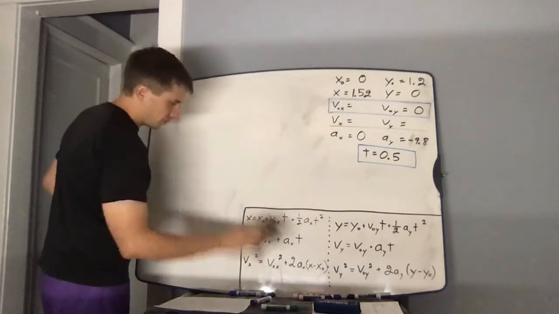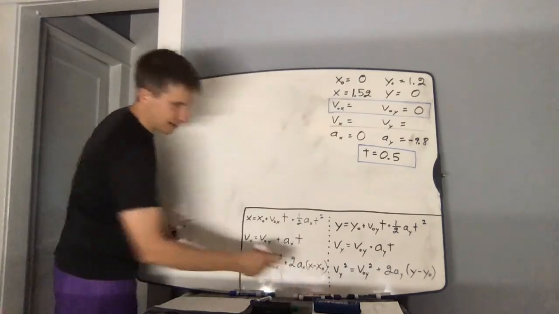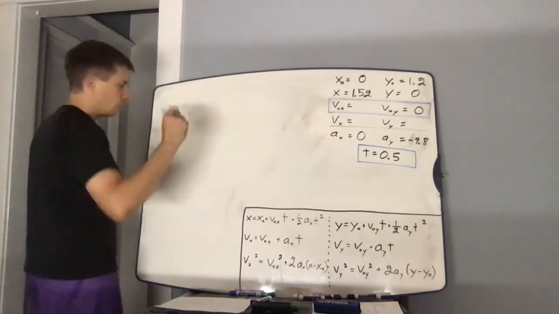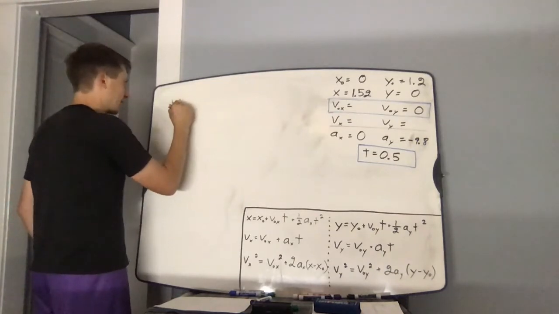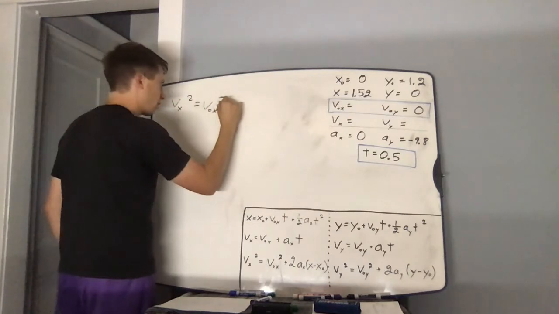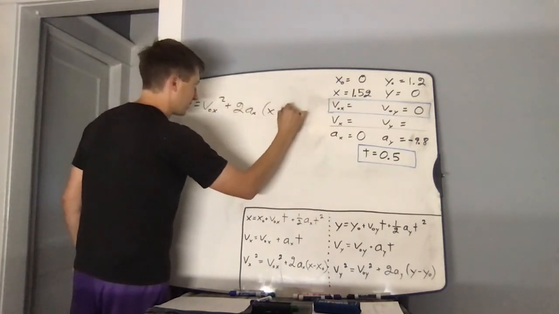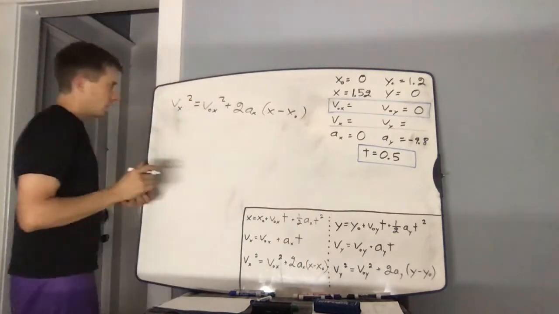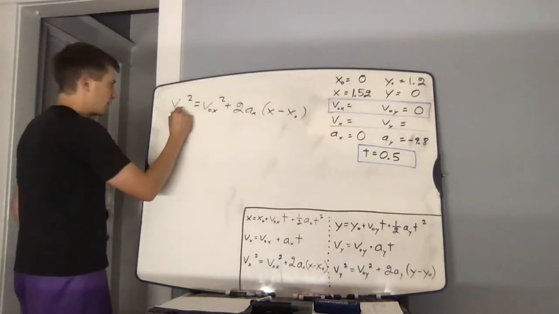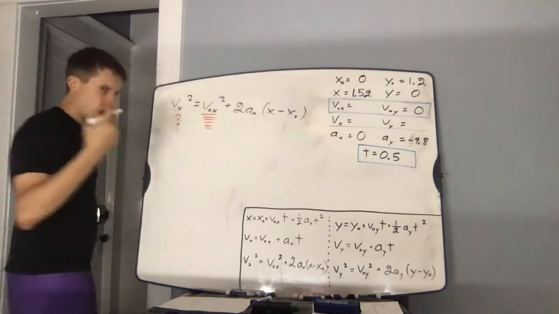What about the equation below it? Well, this looks good. I have an x and an x initial. I have numbers for those. Let's see what I get. Vx final squared equals v initial x squared plus 2ax times x final minus x initial. Well, this looks a little bit more promising, but I do not know what Vx final is. Vx initial I really want.